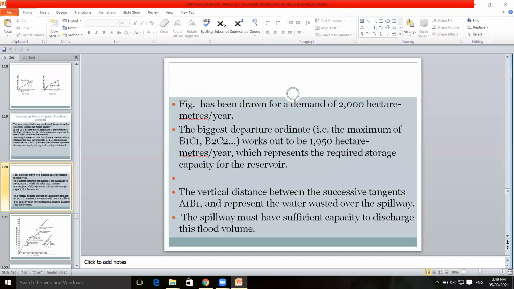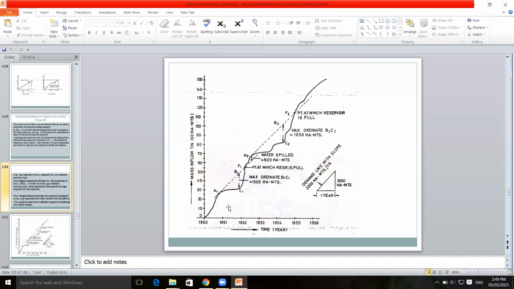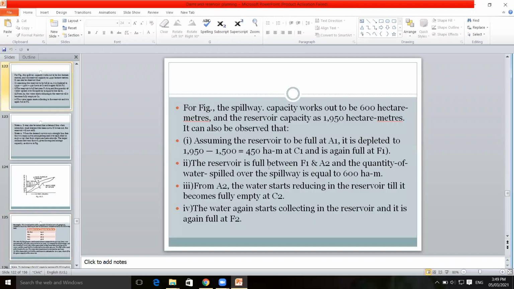This vertical distance between successive tangents indicates the water wasted over the spillway, the extra surplus water which is drawn off from the spillway. So this vertical line, A1 B1 and A2 B2, is the surplus or wasted water over the spillway.